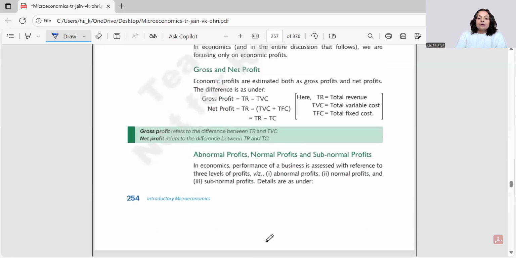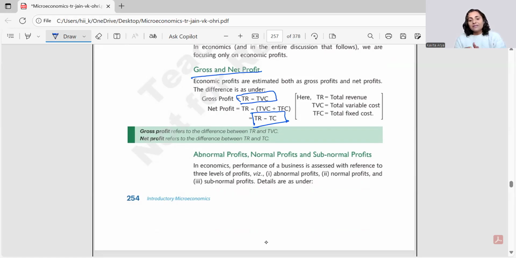Okay, so there is a concept of gross and net profit. What do we mean by that? Gross profit is total revenue minus total variable cost, and net profit is total revenue minus total cost. Try and understand, there is some logic behind it, because we always invest and then we begin working on our profession and business, right?